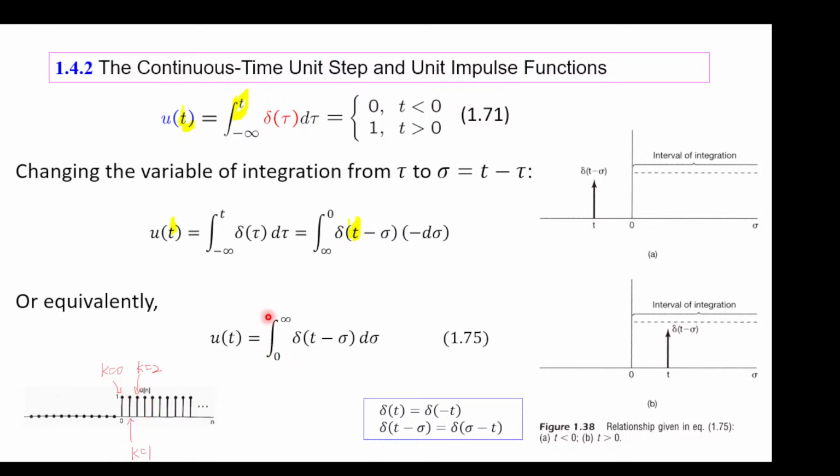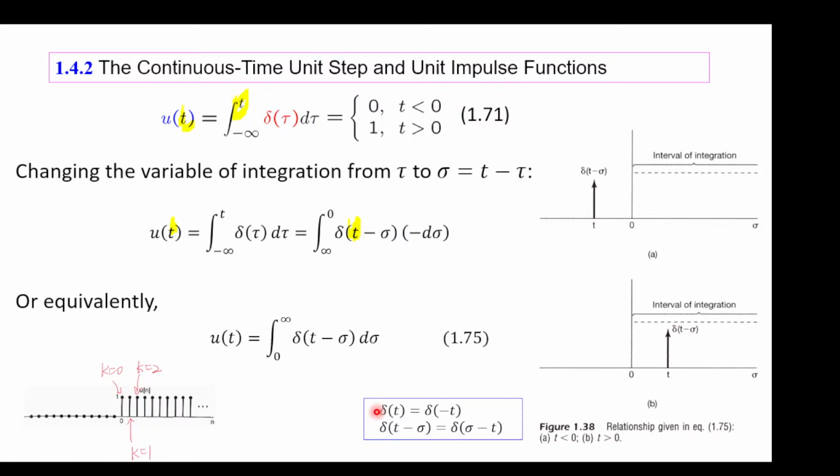But you see that this doesn't really quite work in continuous time, because all of those delta of t minus sigma are impulses, infinite impulses at different sigma values. So it's kind of hard to picture merging a whole bunch of really sharp impulses together into a unit step function. But anyway, this is mathematically correct.